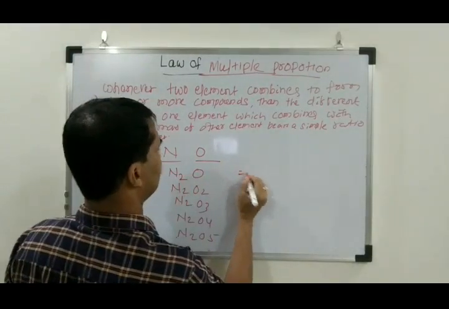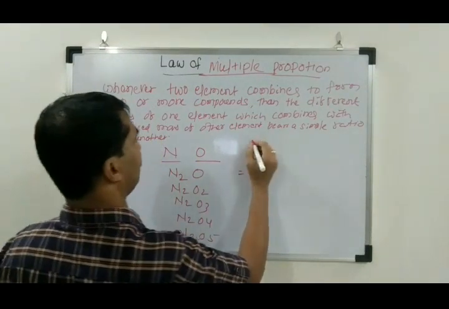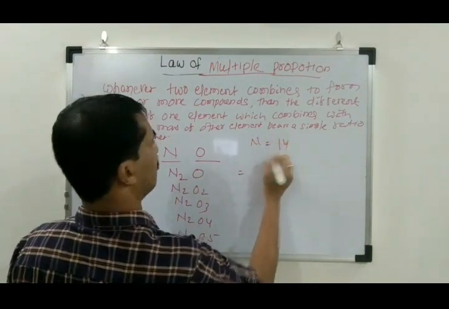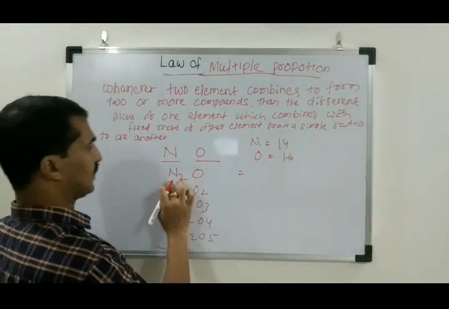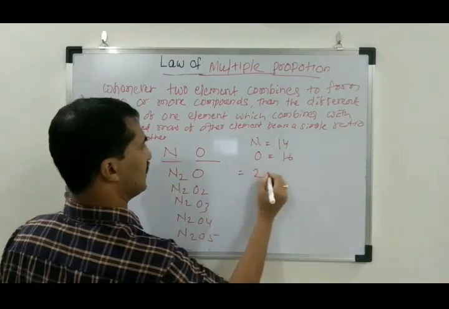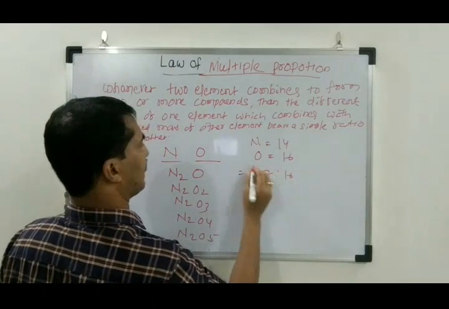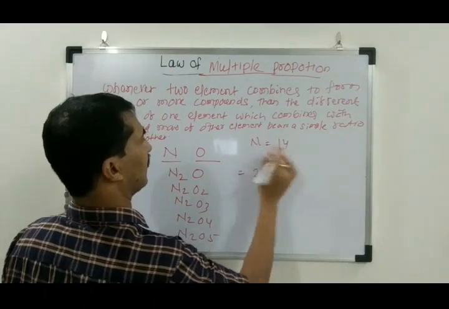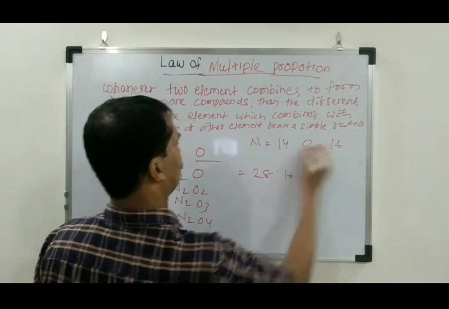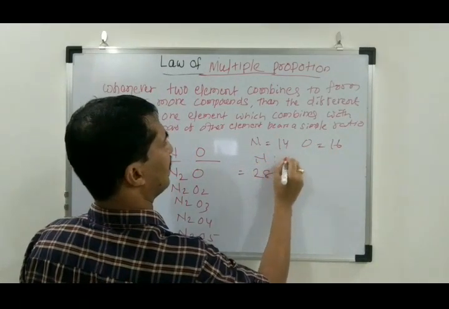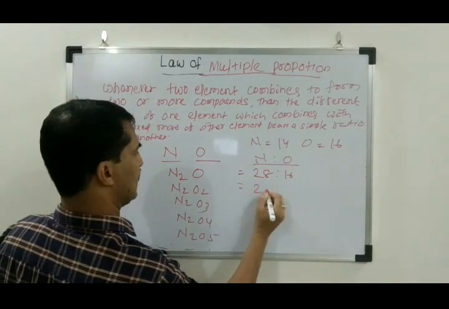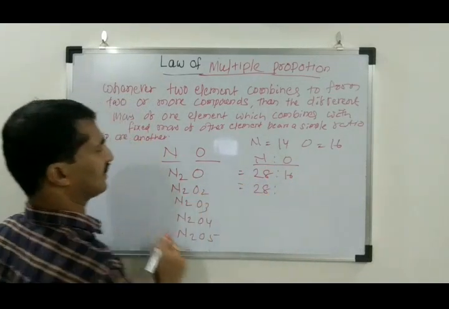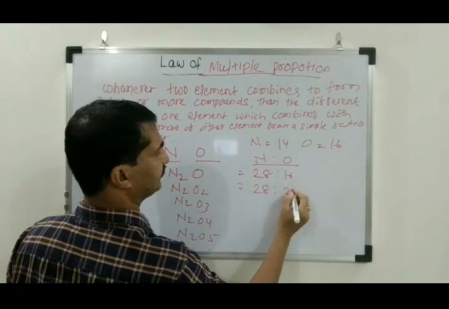Now, in the first case, let's take the ratio of nitrogen and oxygen. Nitrogen's atomic mass is 14, oxygen's atomic mass is 16. There are 2 atoms of nitrogen, so it will be 28 versus 16 in the first case. Here again 28, and 2 oxygens, so 16 into 2, 32.